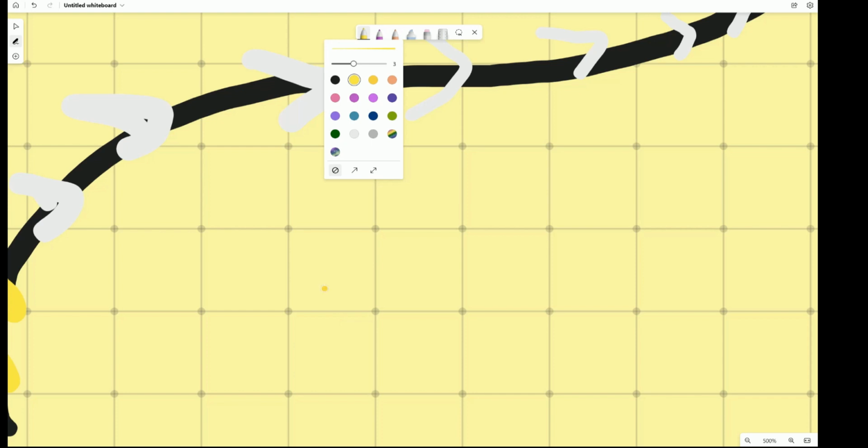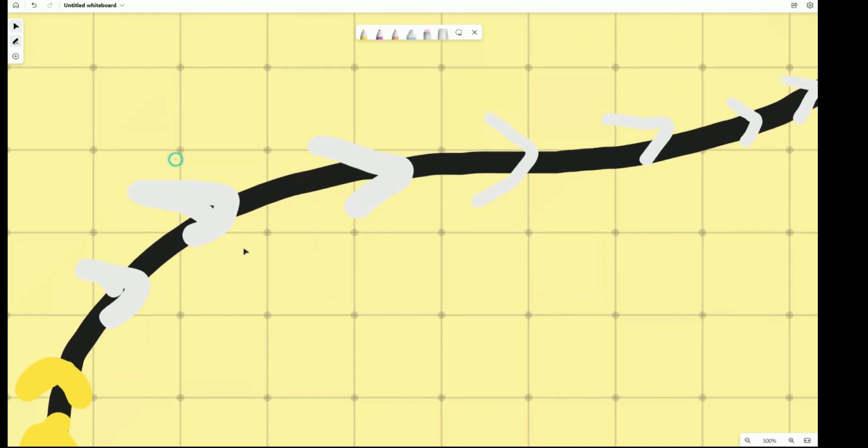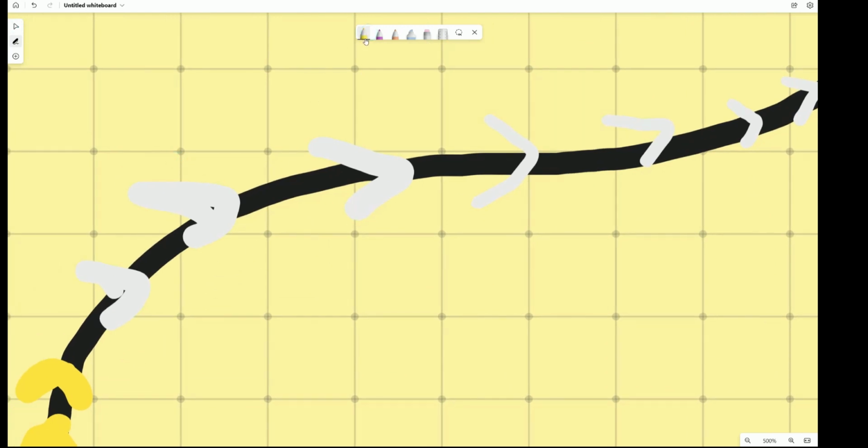Let me just bring it down so that it is easy for you to see this, right? And then let me select a color which is convenient and easy to see. Let's draw the tangent. So I'm drawing a tangent to this conductor. Look at this. So I'm drawing tangent at this point. This is the tangent.